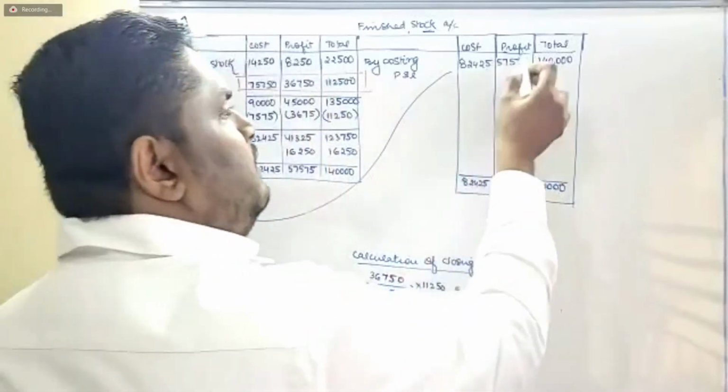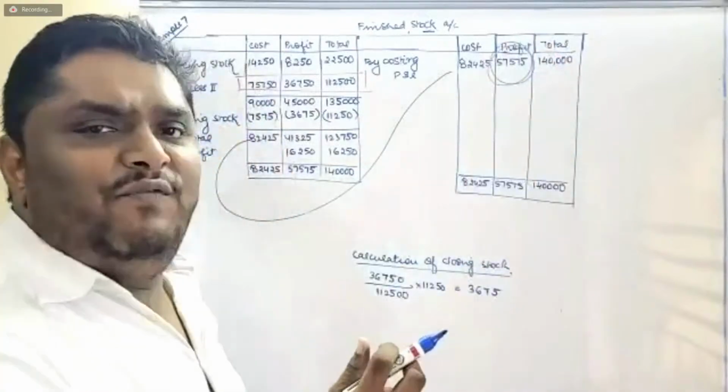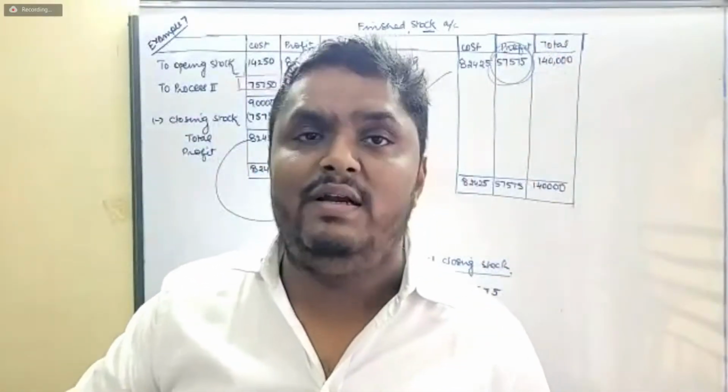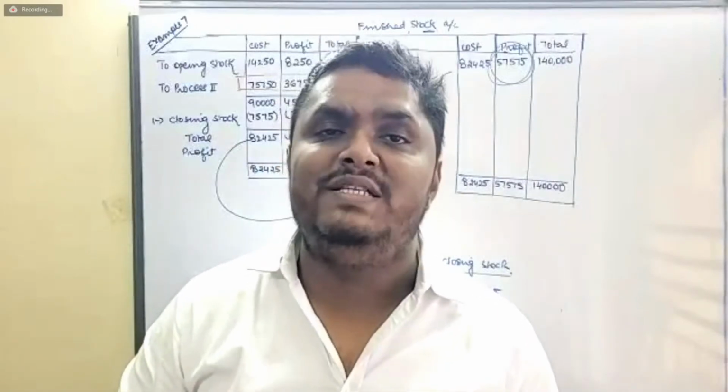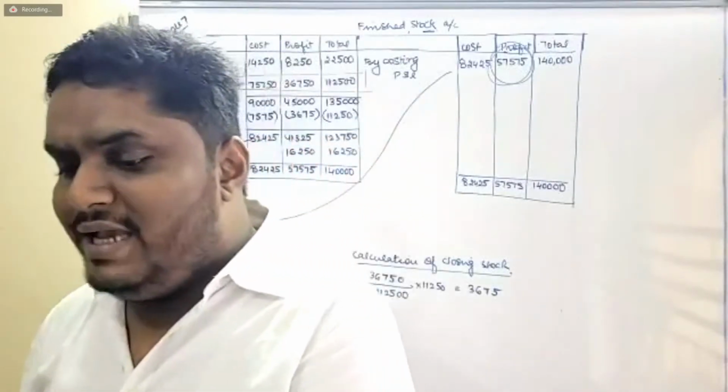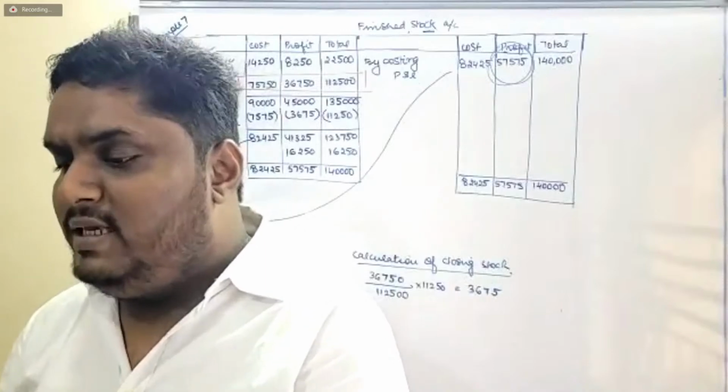So overall profit earned by the company is 57,575. This is the total profit that is earned on sale of rupees 1,40,000. If you guys have any doubts in this part, please post your query.